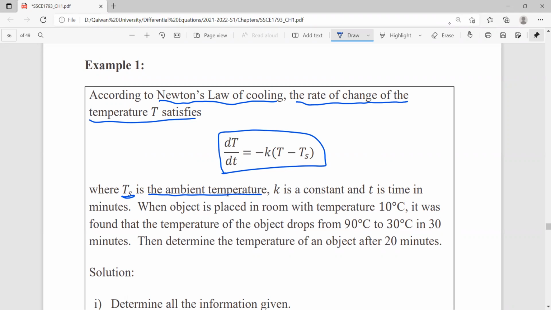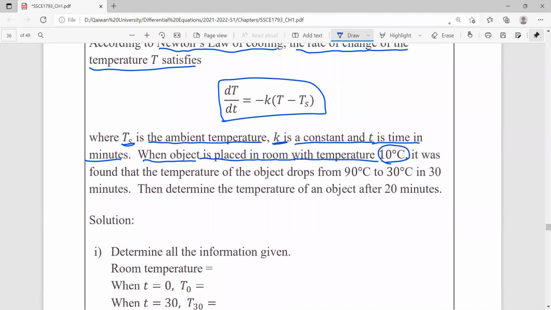K is a constant, and t is time in minutes. When an object is placed in a room with temperature 10 Celsius degrees, this is the temperature of the room. That means it is Ts, the surrounding temperature.